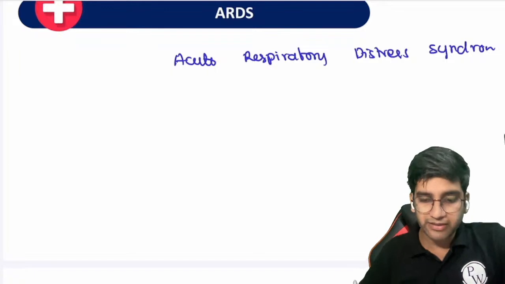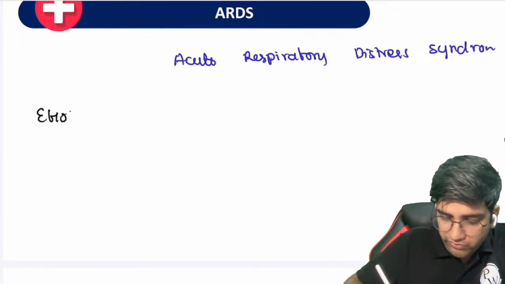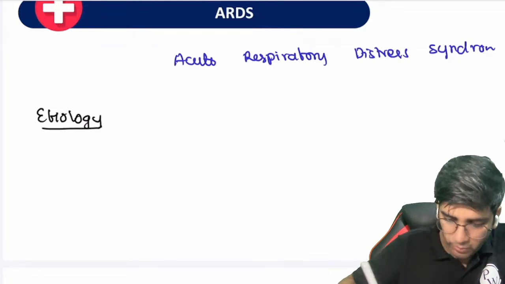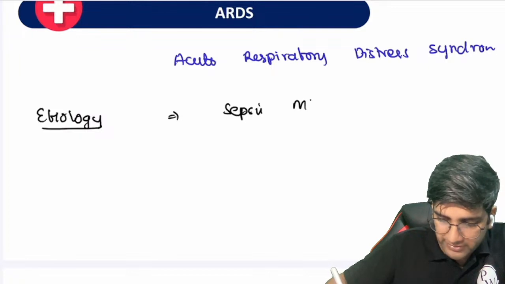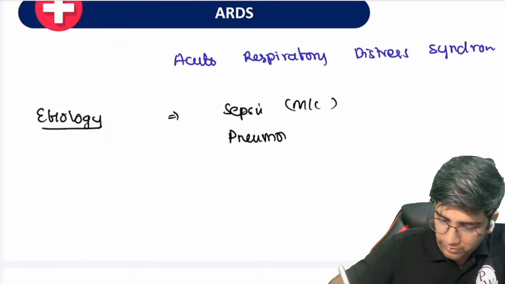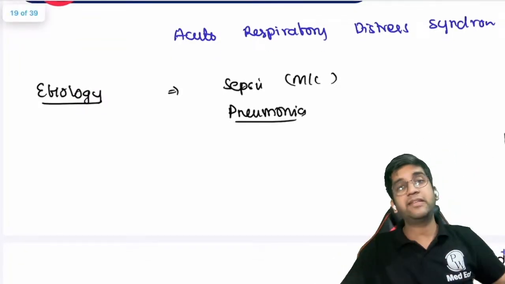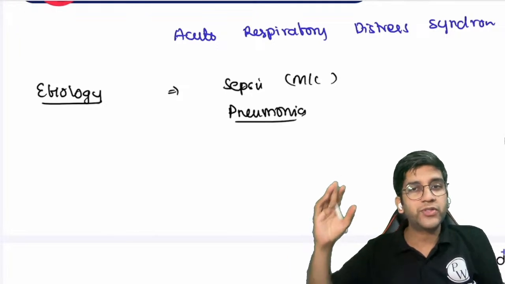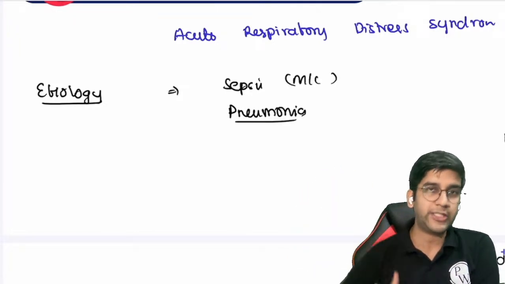But for understanding pathogenesis, please don't forget these two etiologies: sepsis, the most common etiology for ARDS, and pneumonia. You'll have the rest in Robbins. You can definitely read them. These are the two main etiologies for ARDS.